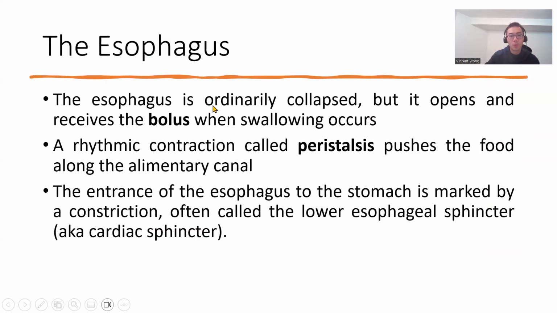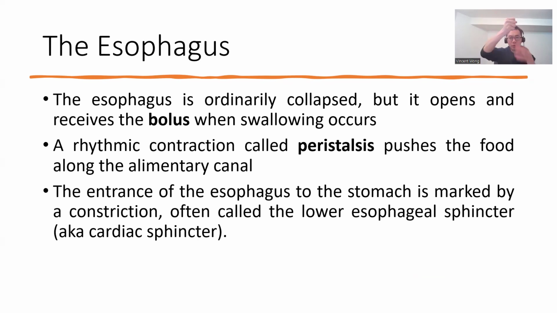Okay, so when we are not swallowing, the esophagus is collapsed. Unlike the trachea, which is always open, right, because of the cartilage rings. But the esophagus is ordinarily collapsed, and it only opens when the bolus is going down, when we're swallowing. The food doesn't just fall down into the stomach, okay? You actually need to push the food down, and that's where the muscularis is going to come in.